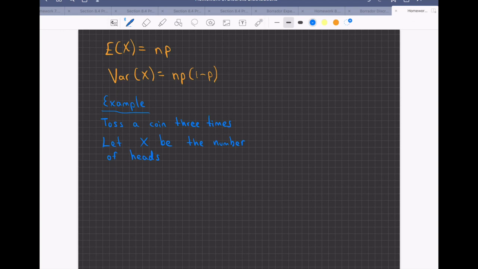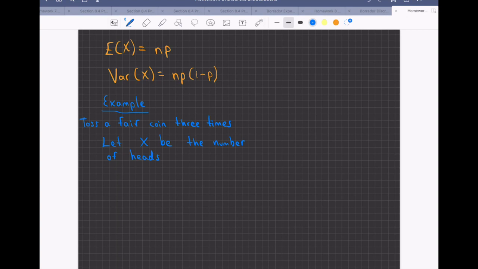Can we model the distribution for this random variable X, the number of heads, when we toss a coin?